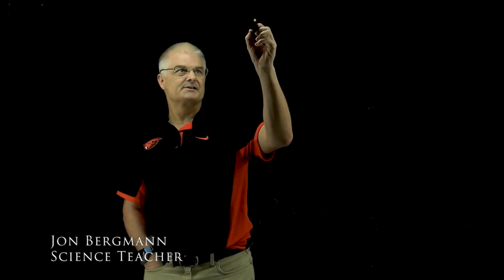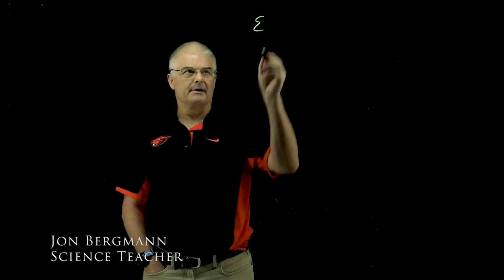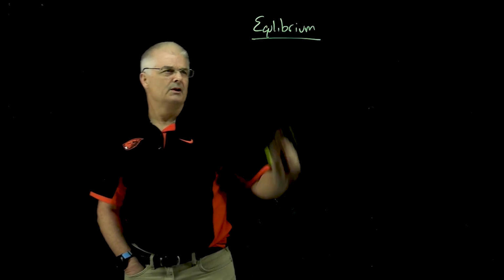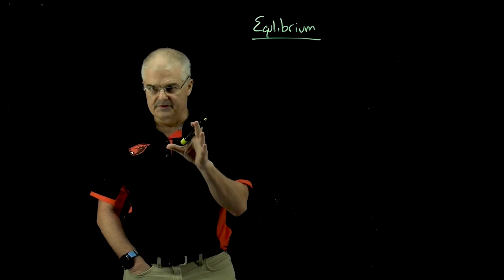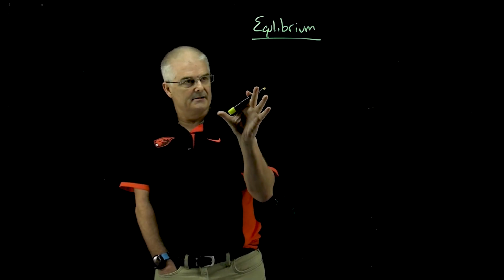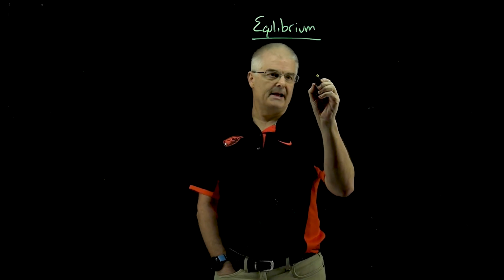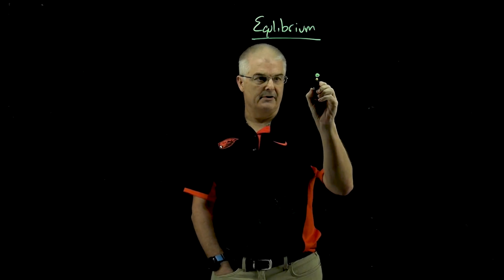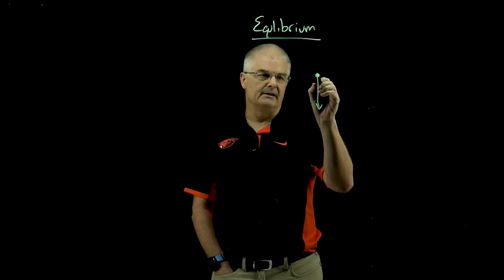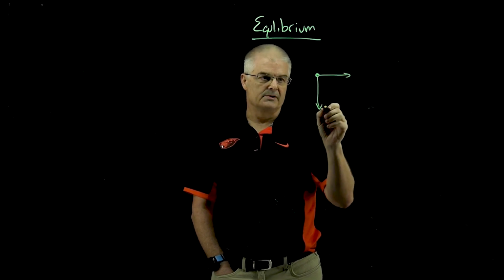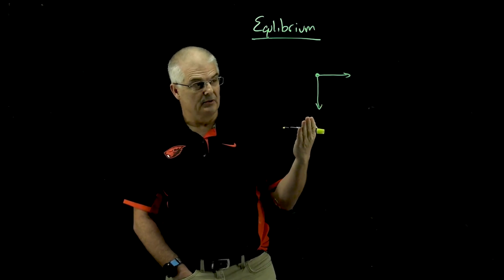We're going to discuss a kind of difficult topic called equilibrium. When we're talking about forces, let's back up. If I have a free body diagram with unbalanced forces, let's say a force here and a force here, and that's all, then that object will accelerate.